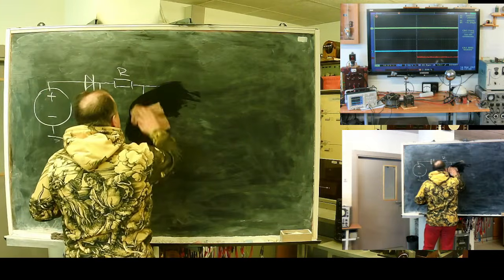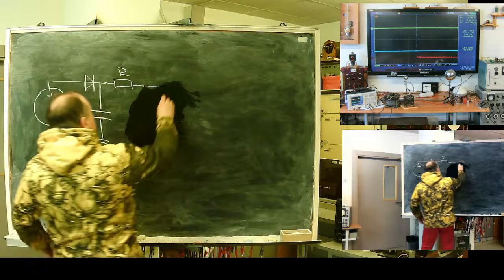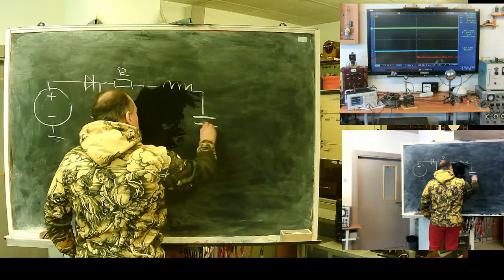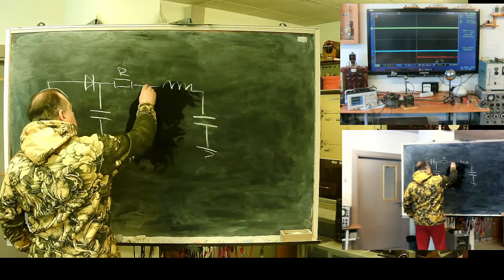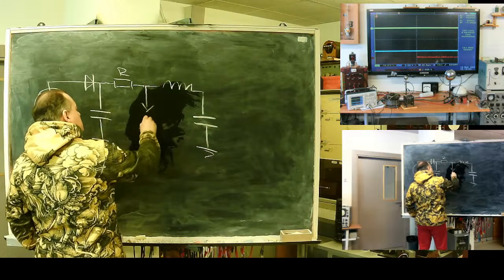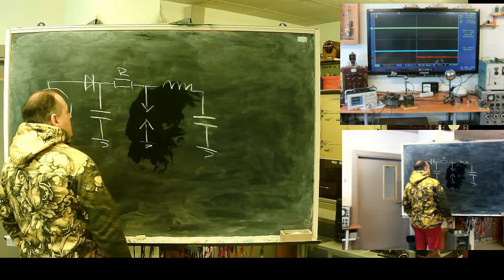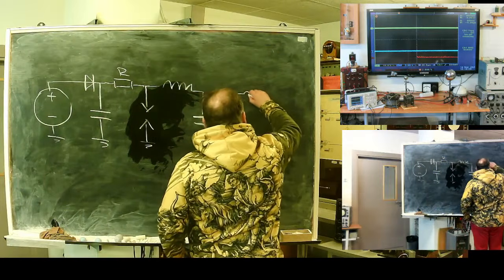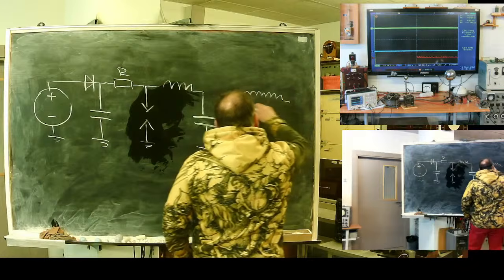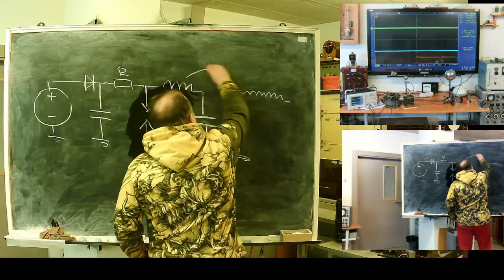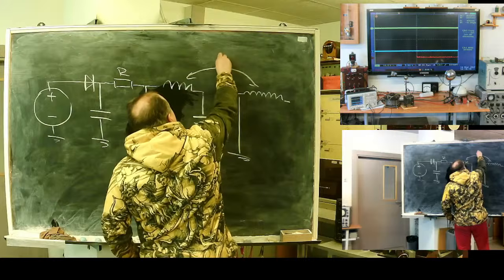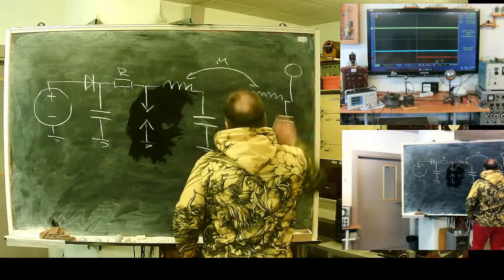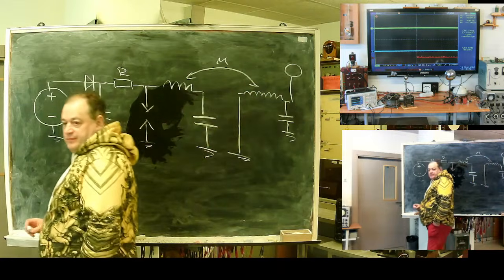No, I'm starting to draw it incorrectly. A coil and one small capacitor, and here I have a spark gap. One more coil. These two coils are coupled. Capacitance here. Ball.